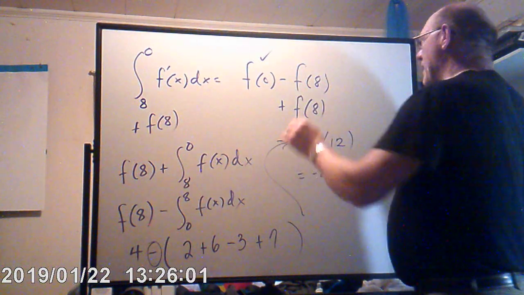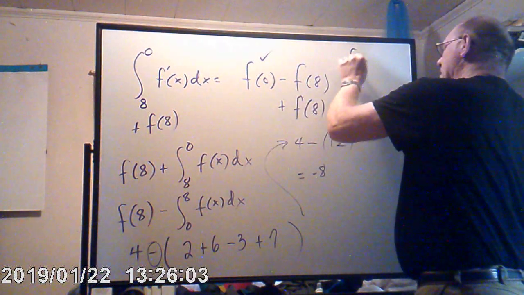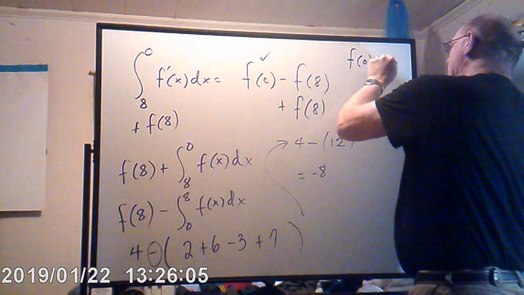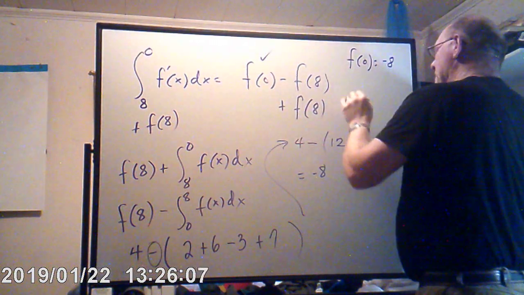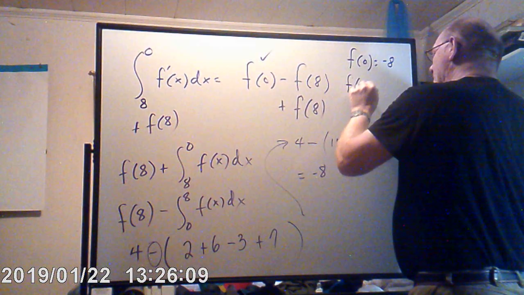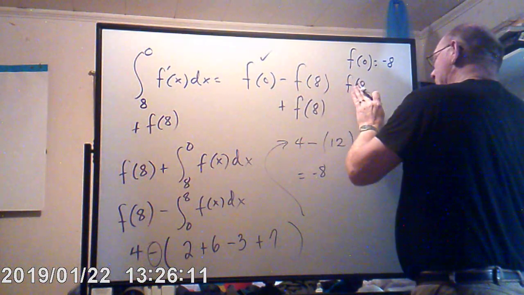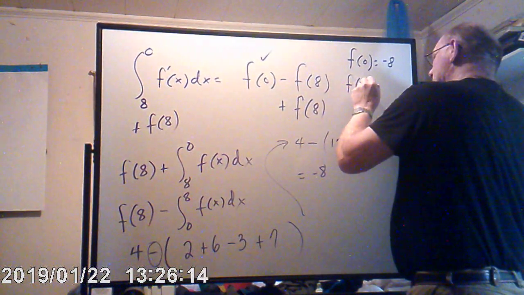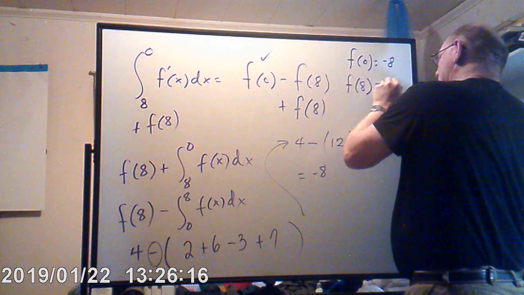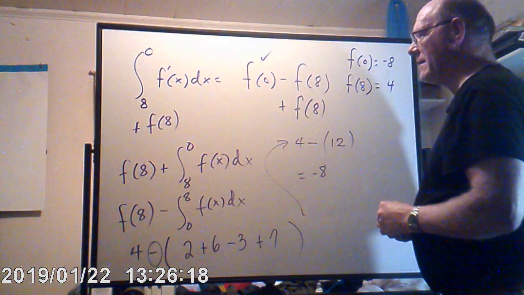So we know F at 0 is equal to negative 8. We already know that F at 8 is given to be 4.